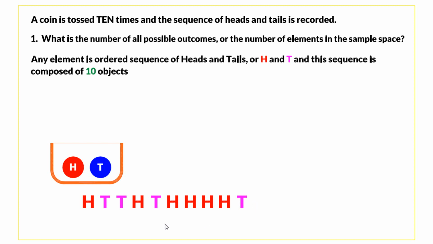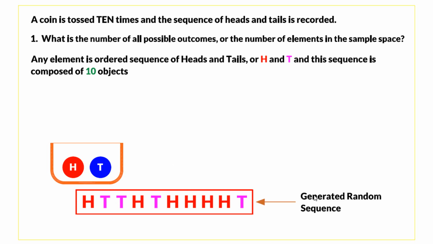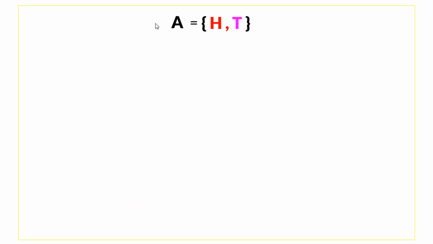So this is the sequence here, and we call this a generated random sequence. So we conclude that we are generating a sequence out of this set which contains two objects, head and tail.